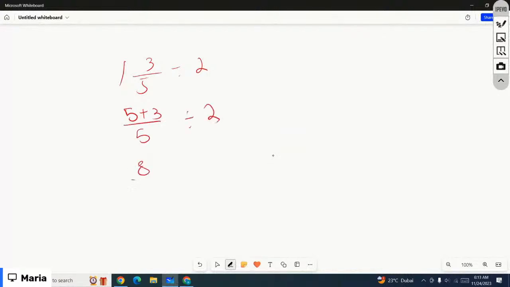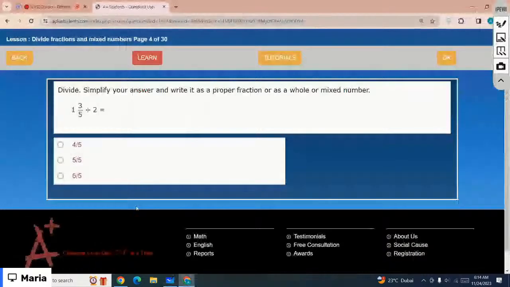That is 8 over 5, right? Then replace the division sign with multiplication and take the reciprocal of 2 over 1, it would be 1 over 2. 2 times 1 is 2 and 2 times 4 is 8, right? You can divide. So the correct option is 4 over 5. Option 1 is the correct option.